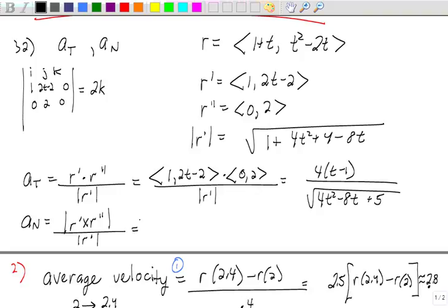So the magnitude of 2k is 2, and that's over the square root of 4t squared minus 8t plus 5. Okay, so it's just a matter of using those formulas to get your answer.